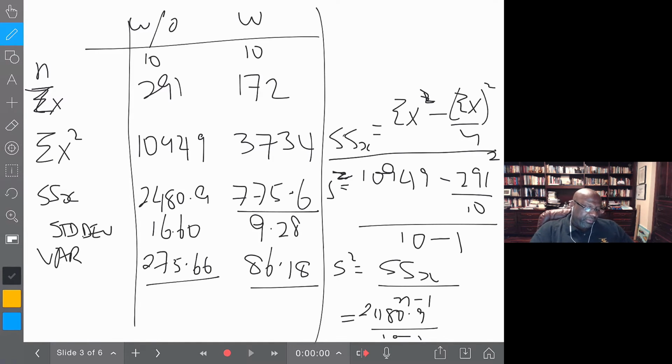So here we have the mean, we have, where's the sample mean? I didn't calculate the sample mean. Oh, that's terrible. Well, that should be easy. If I put x bar in between here, because I have some space, then x bar would just be the sum of the x's over n, so that's 29.1 and 17.2.